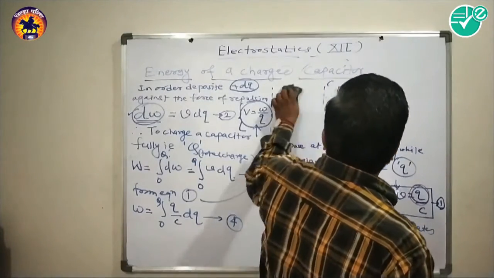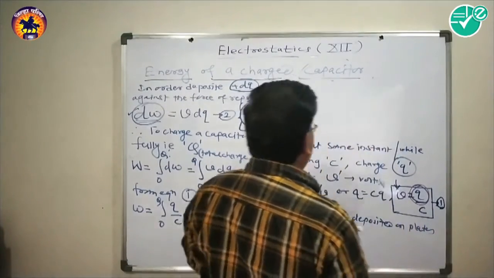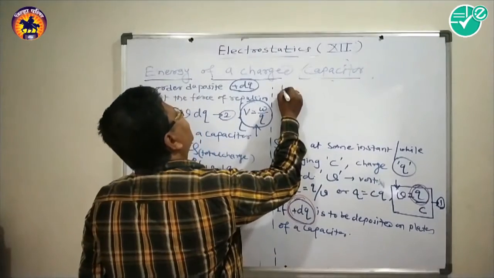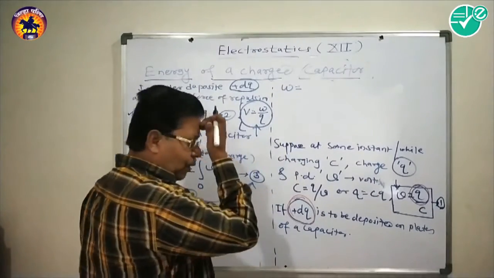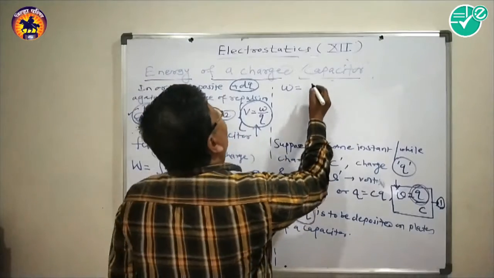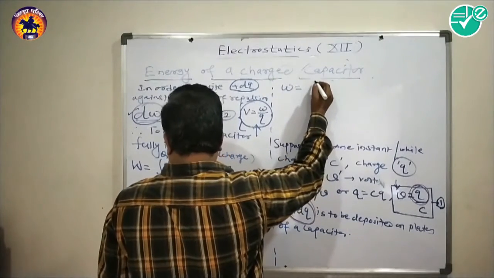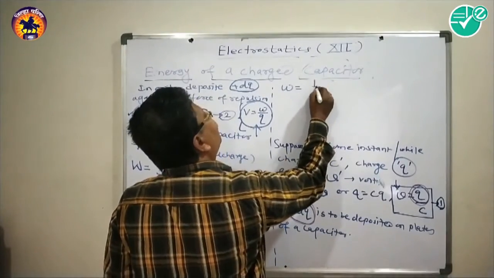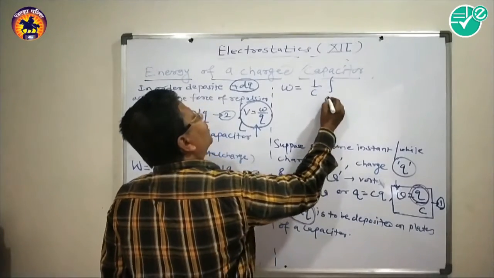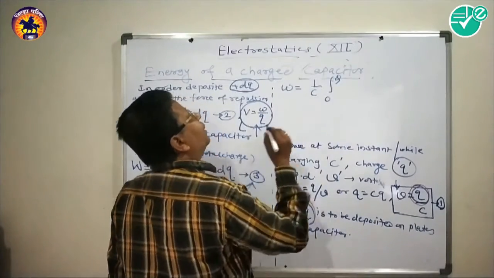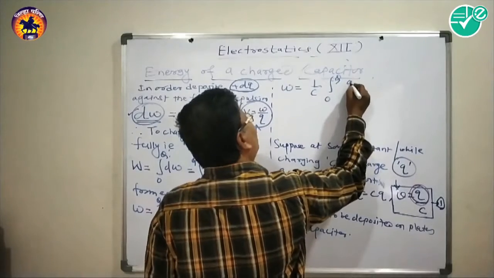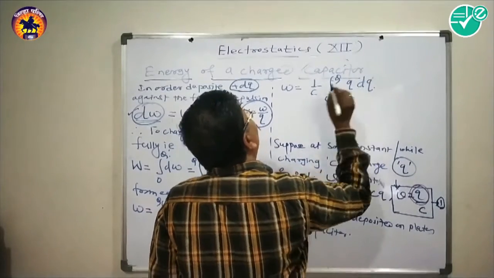And the total work done, W is equal to, we write here, the constant term is taken out, which is 1 by C, integration from 0 to capital Q of Q into dQ.